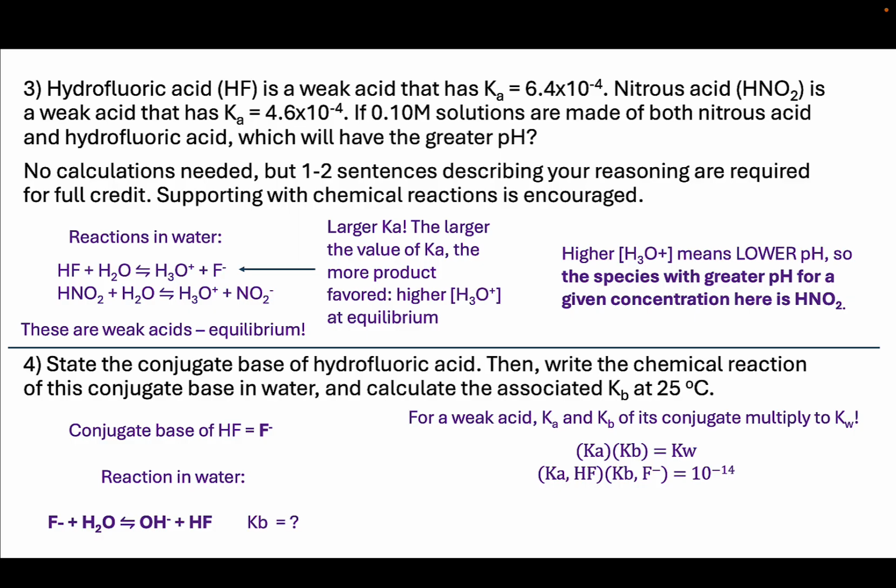It's the Ka of a weak acid and the Kb of its conjugate. The reaction shown in part 4 is the Kb of F minus, and we already have the Ka of HF, so this is what's going to get us 10 to the negative 14. Because of this, we can calculate the Kb of F minus, and it is as follows. This is the equilibrium constant that goes with this weak base reaction for our fluoride ion, F minus.